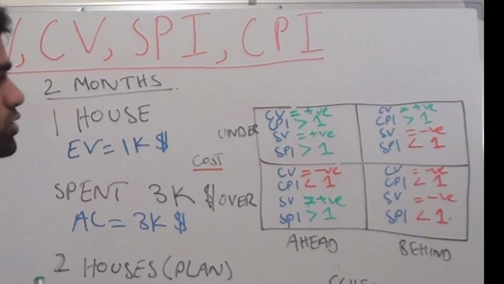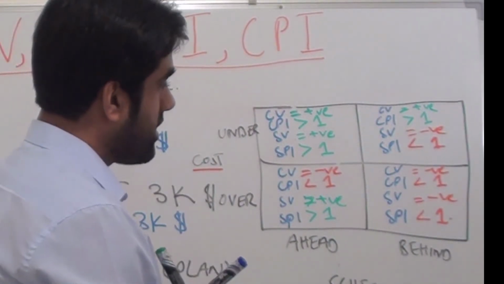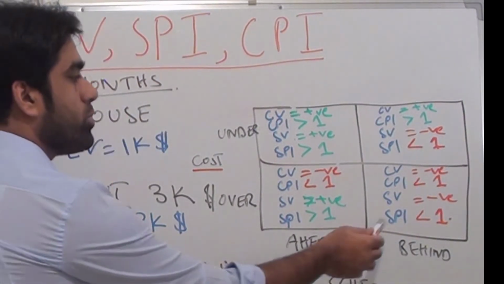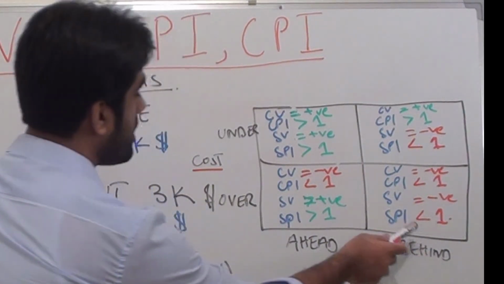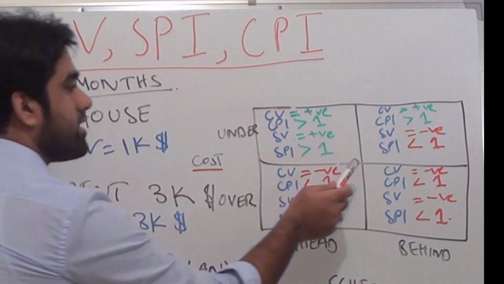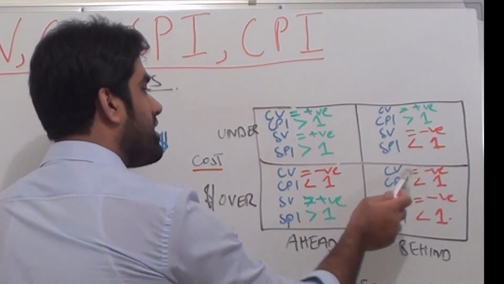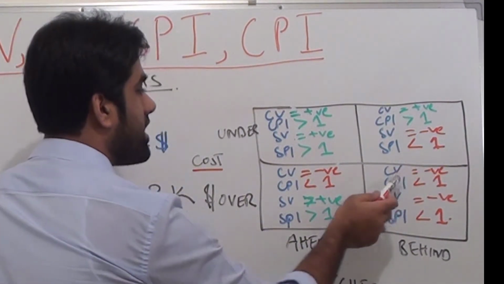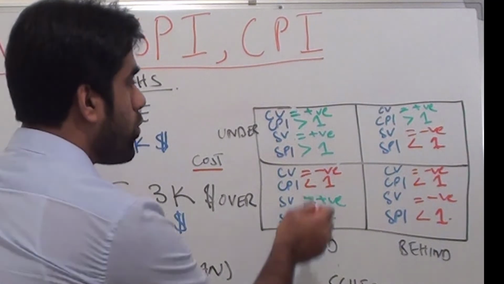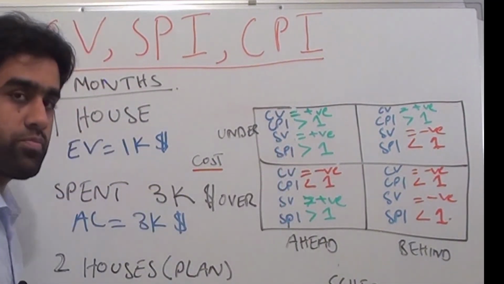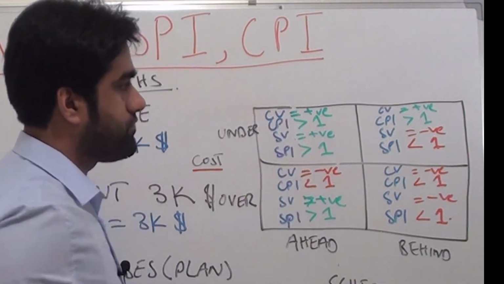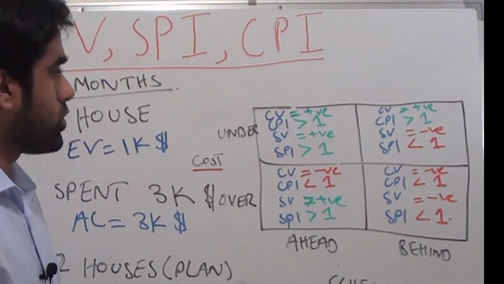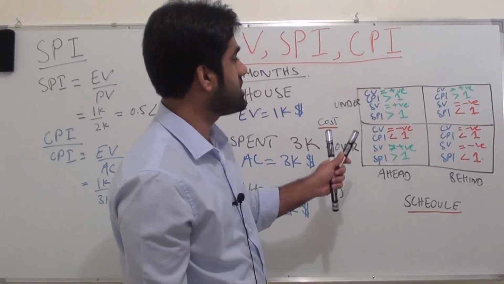So this box shows that we don't want our project to be here: behind schedule and over budget, both variances negative and performance indexes less than 1. We want our project to be in the box where we are under budget and ahead of schedule. I hope you got these concepts.